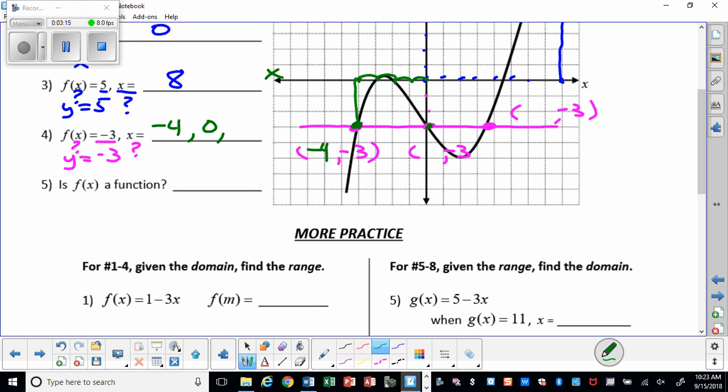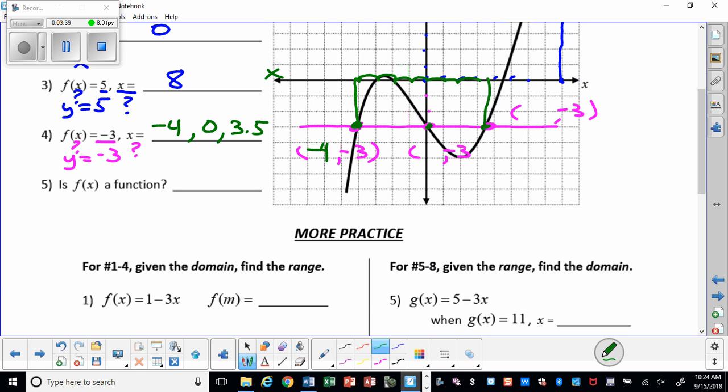And it's kind of in the middle, right? So that would be 1, 2, 3 and a half, 3.5. Okay, so I can have 3 different x values, and they all give me the same value of negative 3.